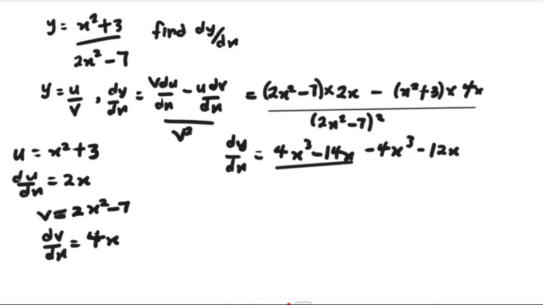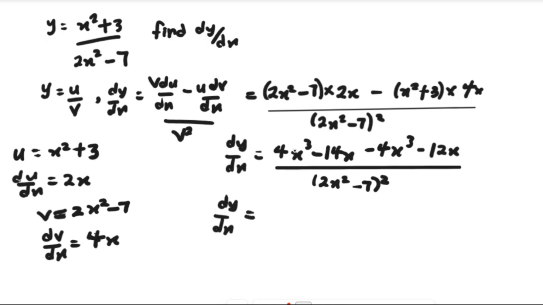Everything is being divided by (2x squared minus 7) raised to the power of 2. So dy/dx here is going to give us 4x cubed minus 4x cubed, which is 0, so we are left with minus 14x minus 12x, which will give us minus 26x divided by (2x squared minus 7) raised to the power 2. And this is going to be the final answer to this question.